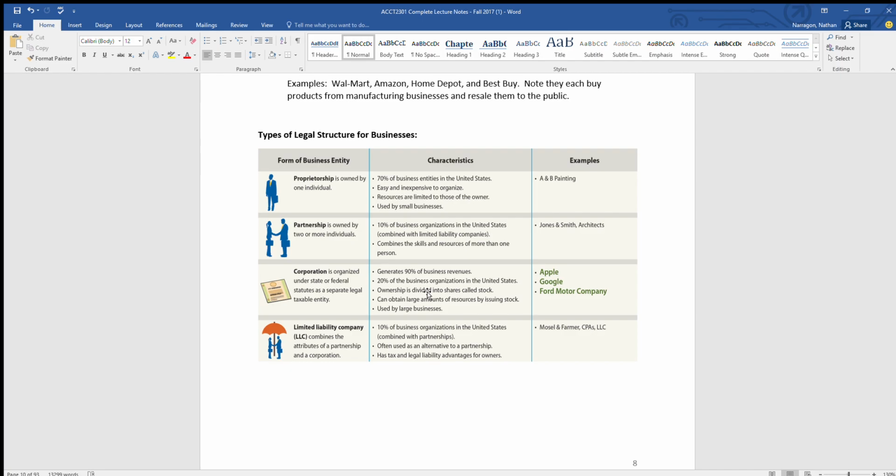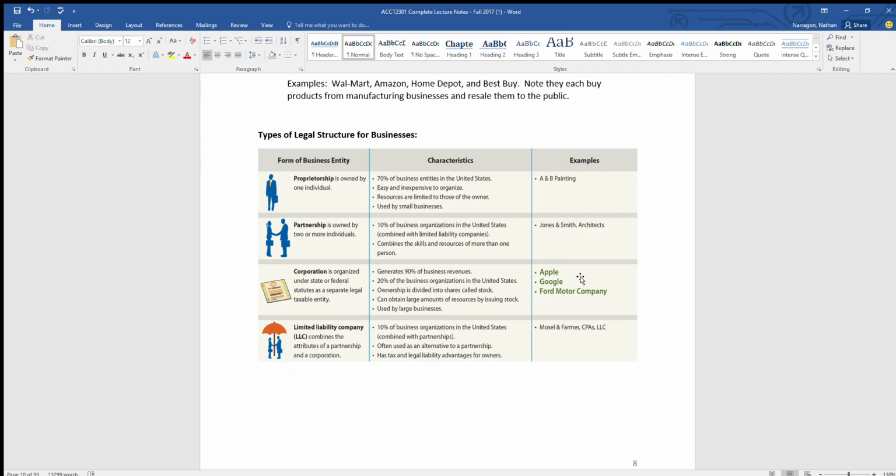They're very liquid. Some examples right here: Apple, Google, Ford, the Ford Motor Company. Ford is kind of the only company that did not receive government funds when the government came out, and it's actually doing pretty well. So anything big is a corporation.